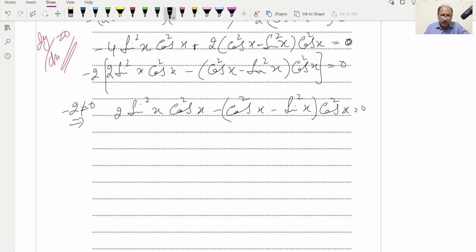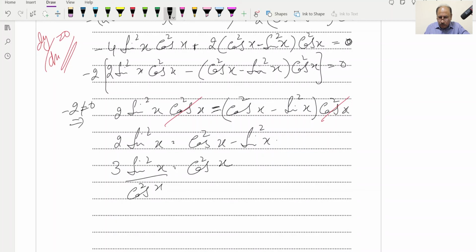Basically, if we open this one, we can cancel this cos square x from both sides, and our equation will reduce to 2 sine square x is equal to cos square x minus sine square x, and this sine square x we can shift to the other side, so it will be 3 sine square x is equal to cos square x, and we can divide on both sides by cos square x, so this will be tan square x is equal to 1 over 3.